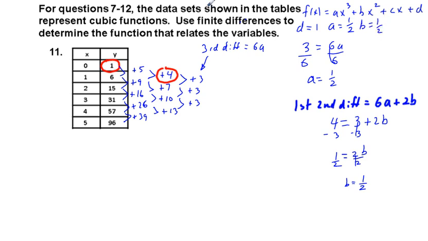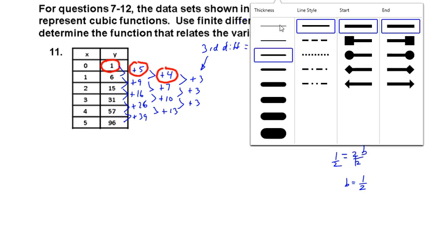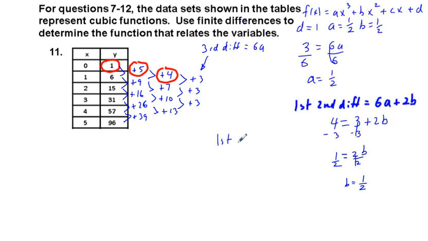Okay, now the first difference here is going to be equal to a plus b plus c. So I'll put here first difference equals a plus b plus c. So that's going to be 5 is equal to a.